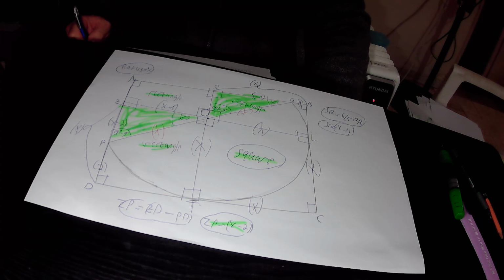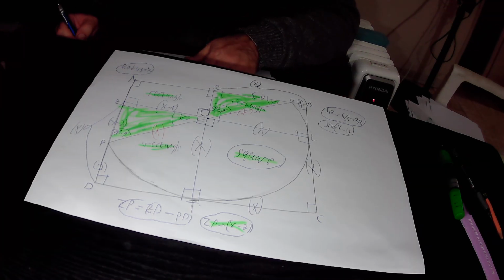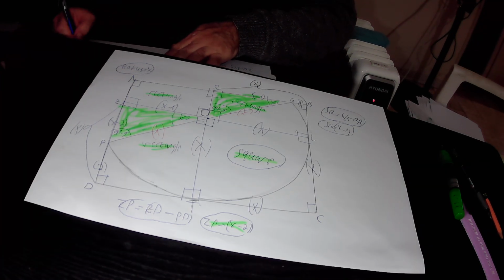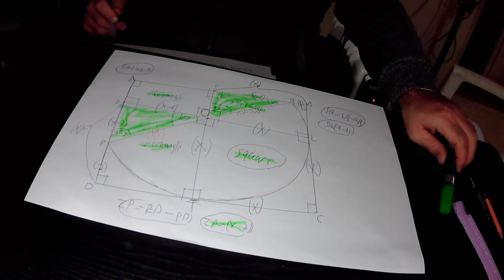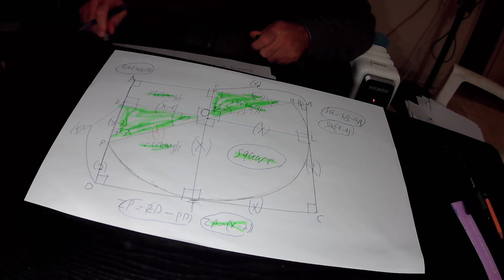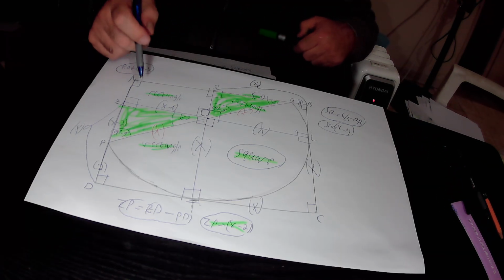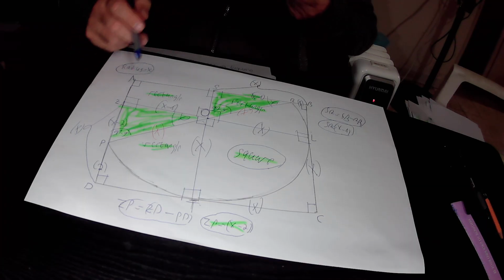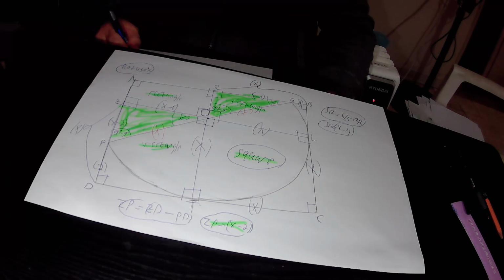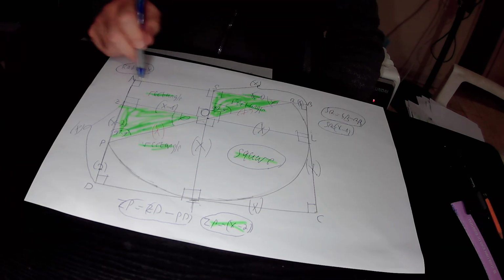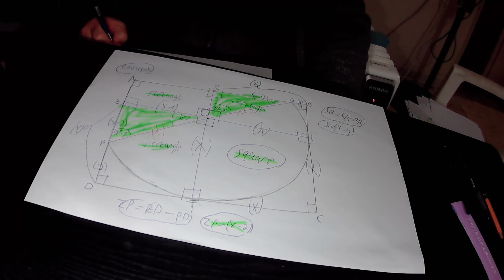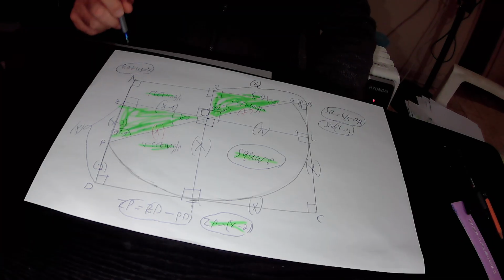Here, PT is the abbreviation for Pythagoras theorem. According to the Pythagoras theorem, in this green right triangle ZPO, OP squared, that is the square of the hypotenuse, equals OZ square plus ZP square.